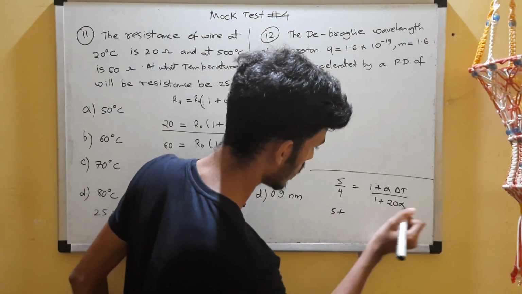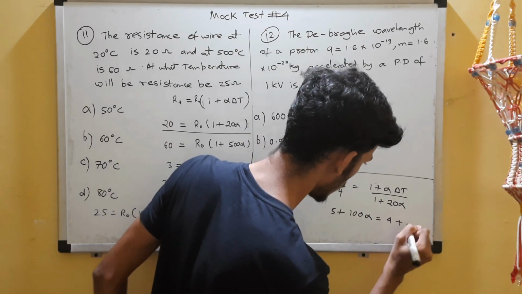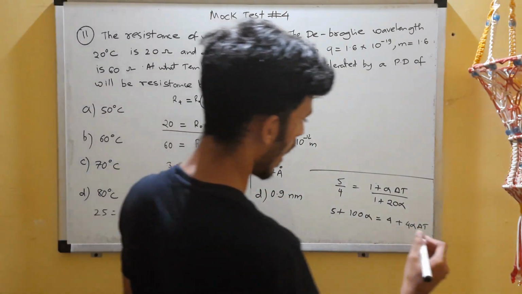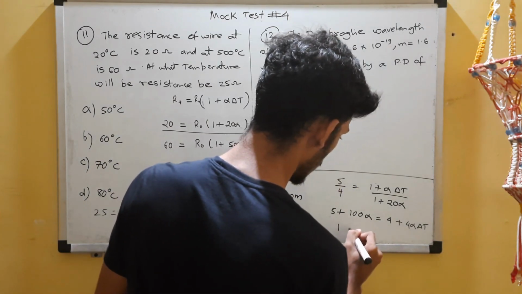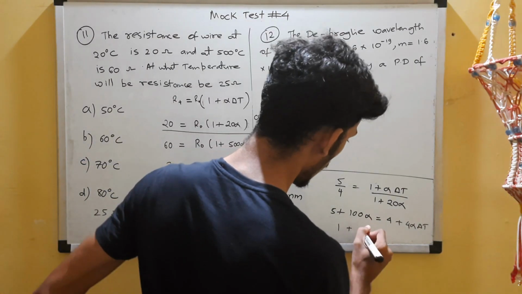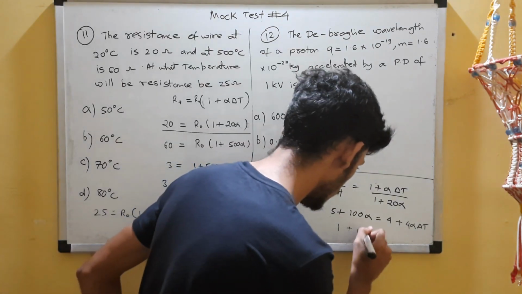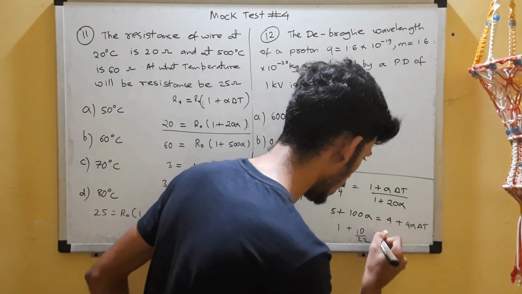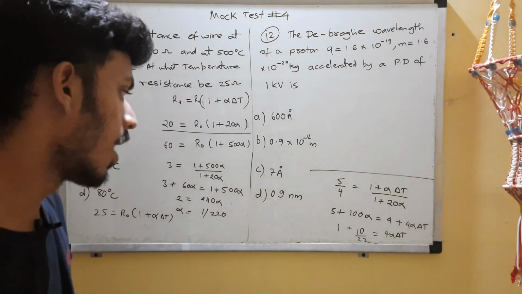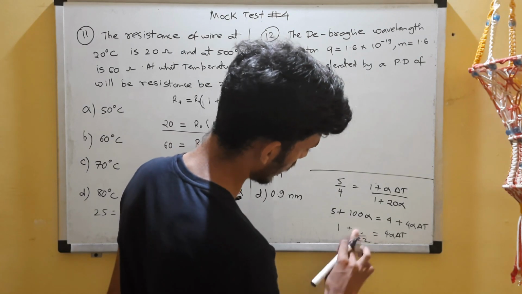So 5 plus 100 alpha is 4 plus 4 alpha delta T. Now this will be 1 and 1, and this will be alpha. Now actually we can substitute 100 divided by 220, that is 10 by 22, or I can write it as 5 by 11.